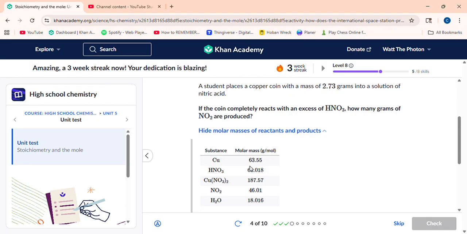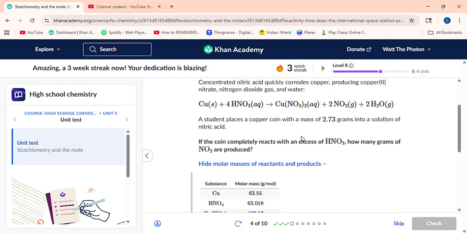So we have 63.55. So we have a total of 2.73 divided by 63.55, which is 0.043 moles of this.